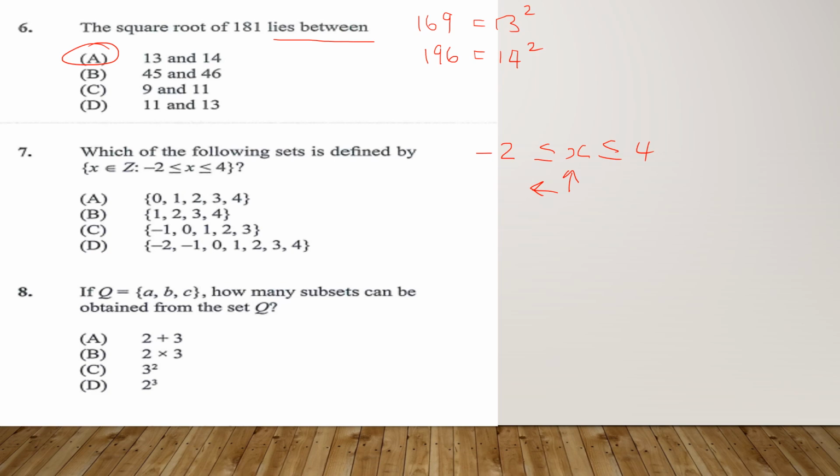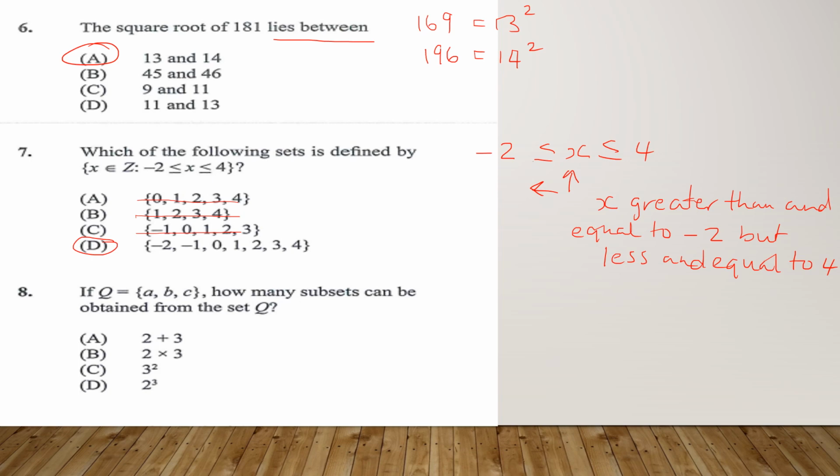So x is greater than and equal to negative 2, but less than and equal to 4. So you have to include negative 2, so that eliminates A, B, and C. We have to start with negative 2 and end with 4. So the answer is D.